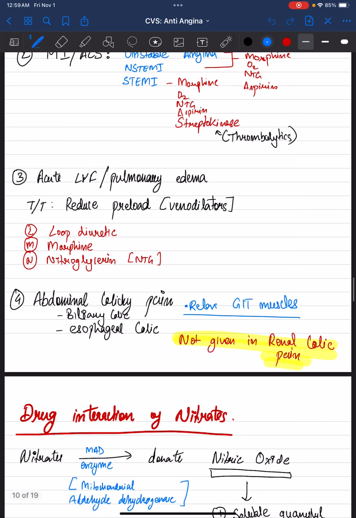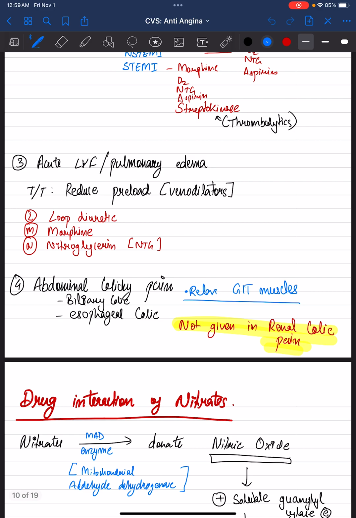In acute left ventricular failure or pulmonary edema, for treatment we'll use nitrates to reduce the preload, because nitrate is a venodilator, and we'll use loop diuretics, morphine, and nitroglycerin in the treatment regimen.